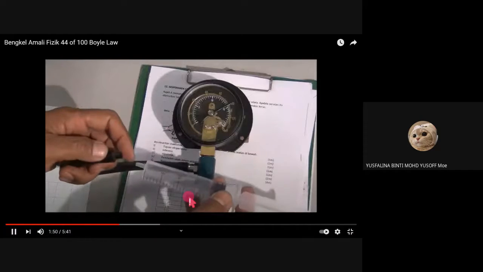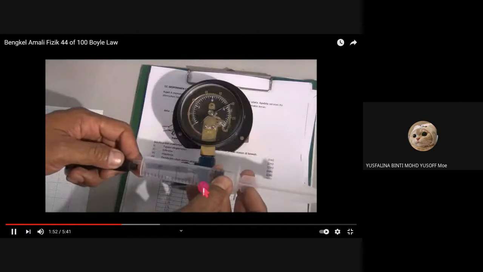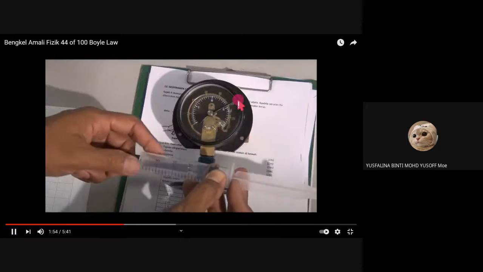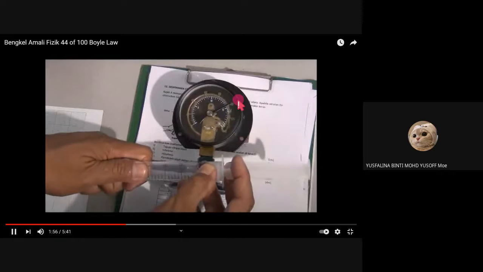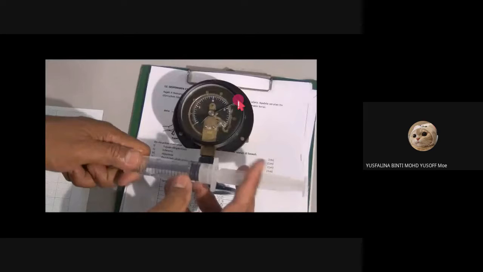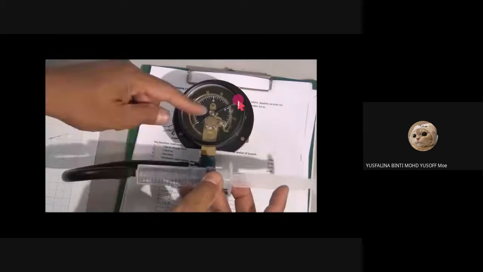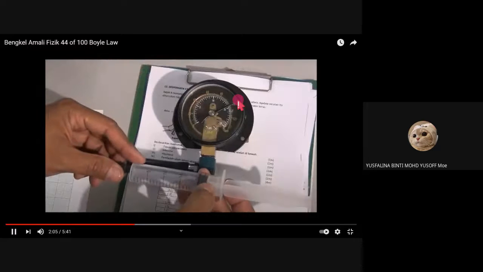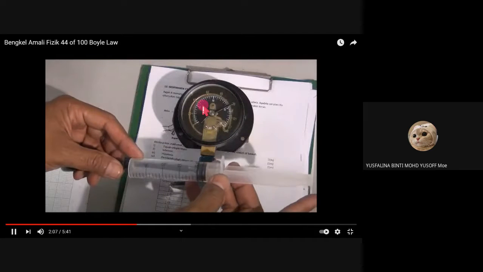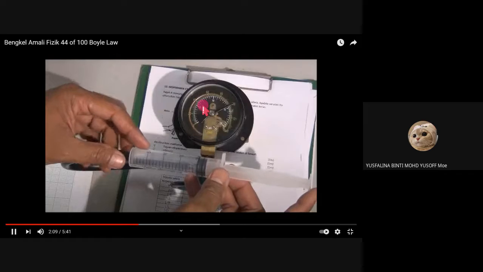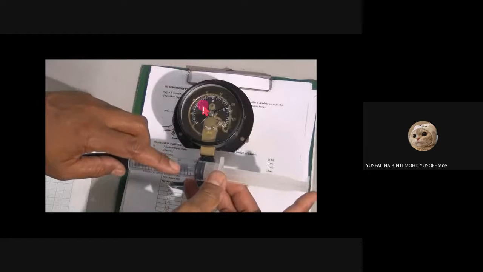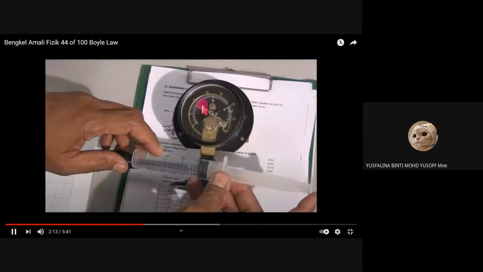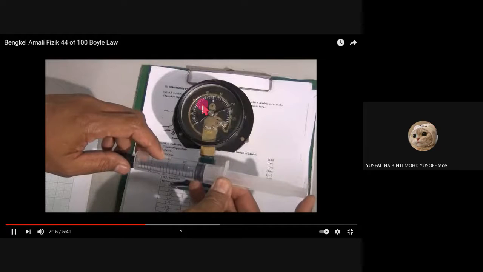So this is a 20 cm cube, and this one is 10 Pascal. Okay, so we reduce the volume from 20 to 18.